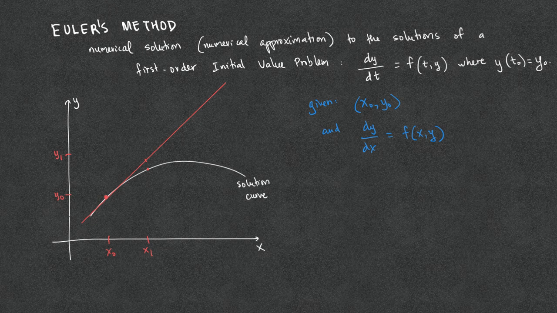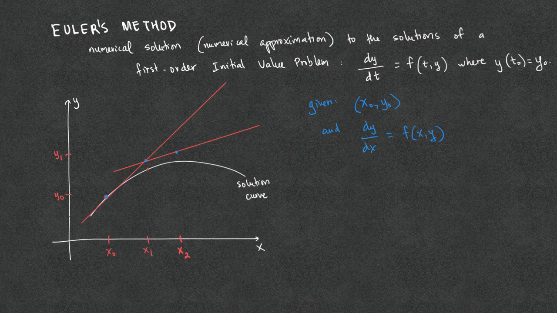Using this point (x1, y1), along with the differential equation, which is the slope, we can obtain another line. We then use this line to estimate the solution when x is x2. If we keep repeating this process, we end up with a collection of points.